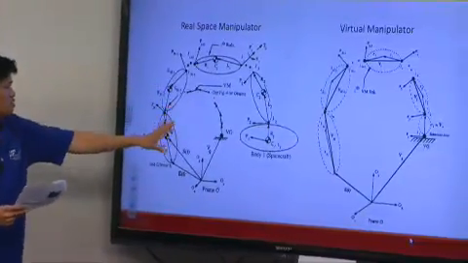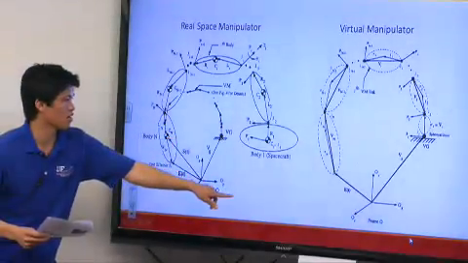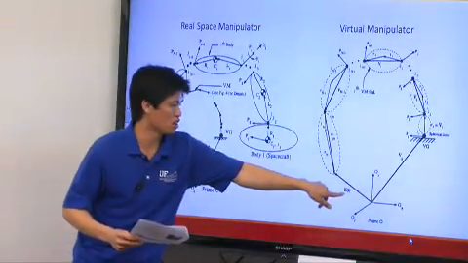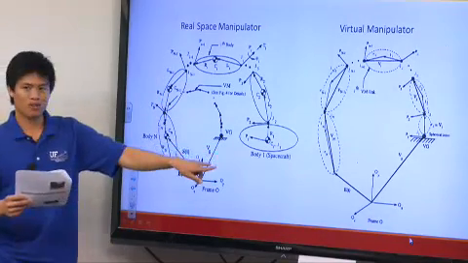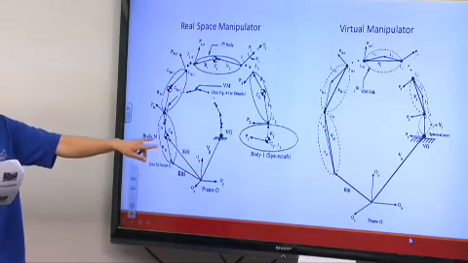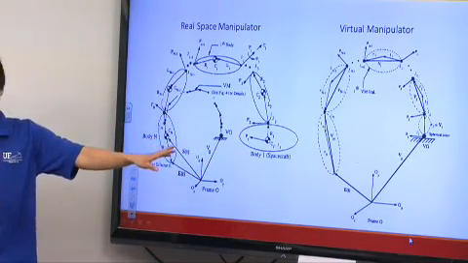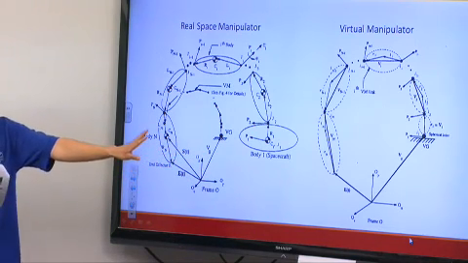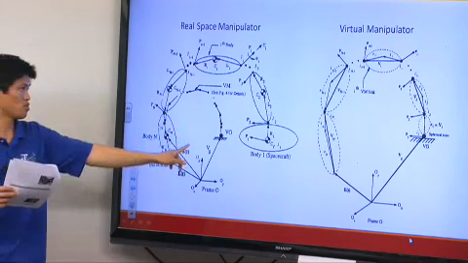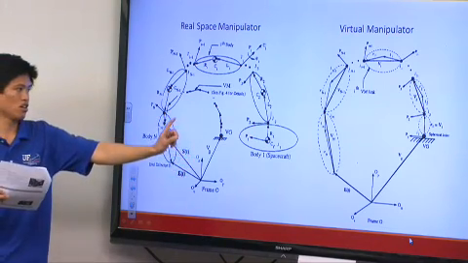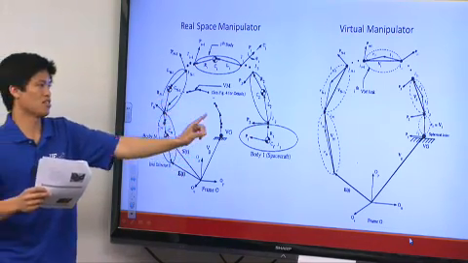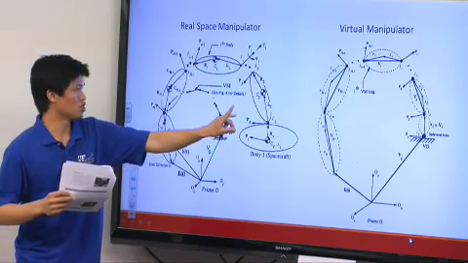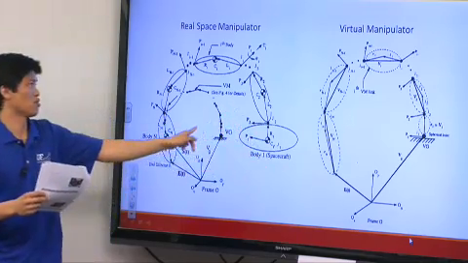So this is the real space manipulator, and this is the virtual manipulator. The point I want to stress is that the virtual manipulator is virtual. It is an abstract quantity. What it does is map the motion of the virtual manipulator to the real space manipulator.